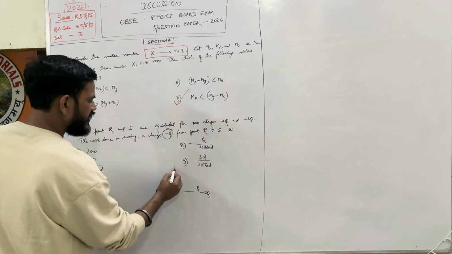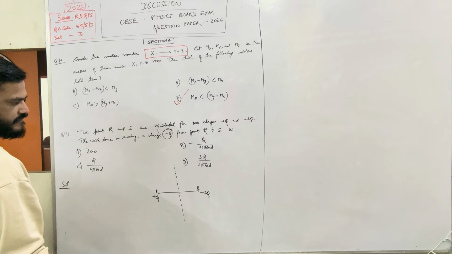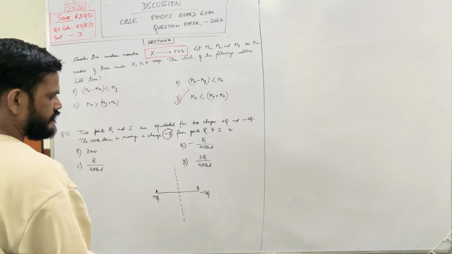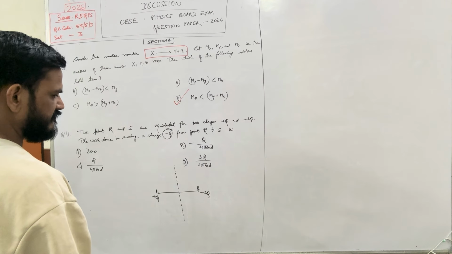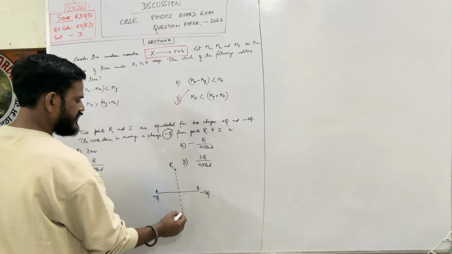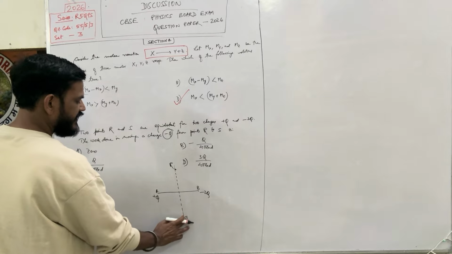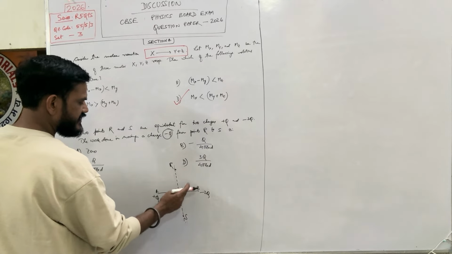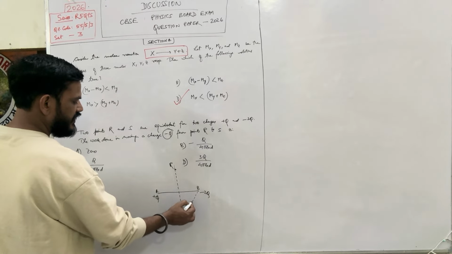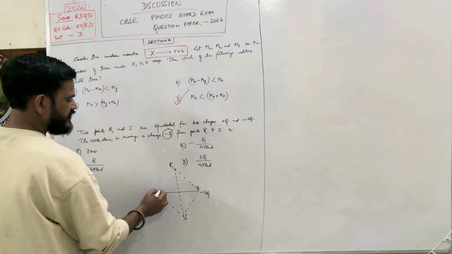Now 2 points R and S are equidistant. Equidistant means let this point be R and this point be S. Then these 2 points R and S are equidistant from B and A, and here as well they are equidistant.